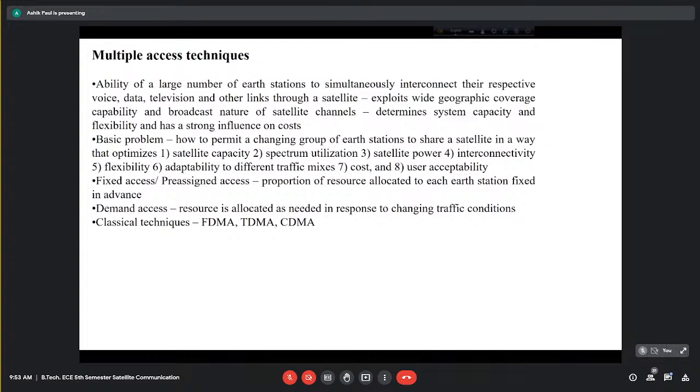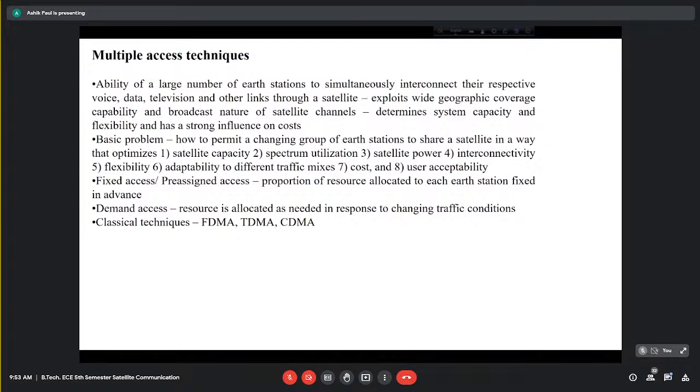And the classical multiple access techniques, you may be all familiar with them. They are also used in other branches of communication, not only in satellite communication. They are the frequency division multiple access or FDMA, the time division multiple access or TDMA, and the code division multiple access or CDMA.